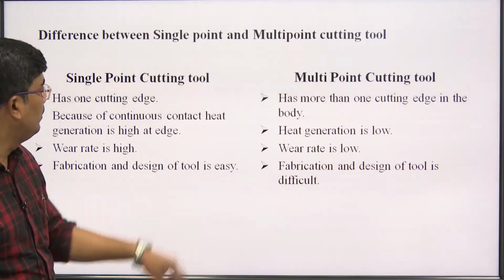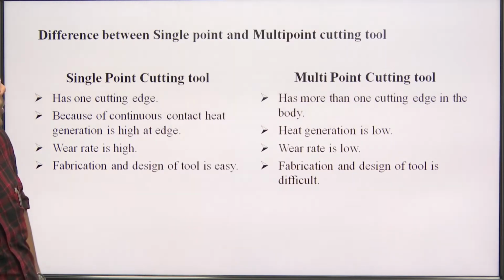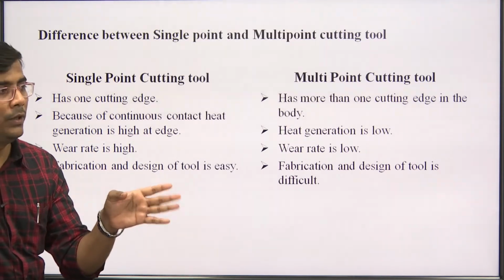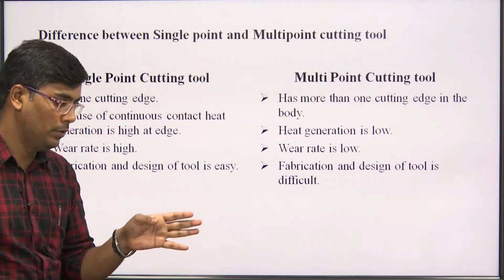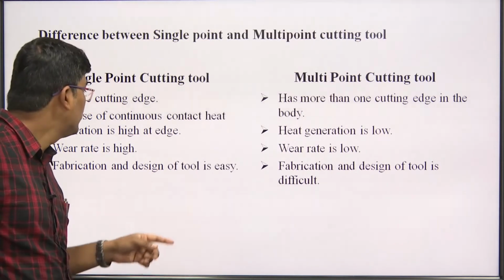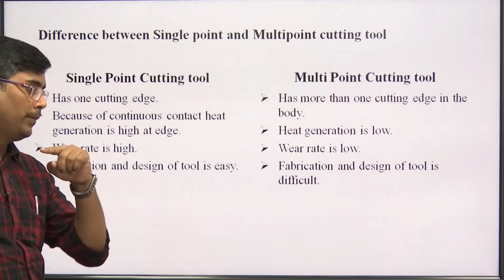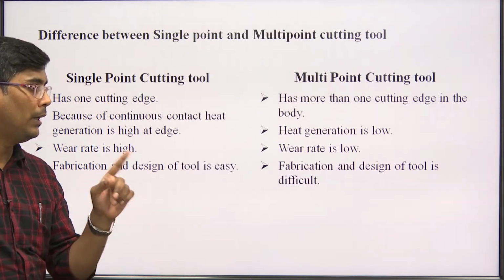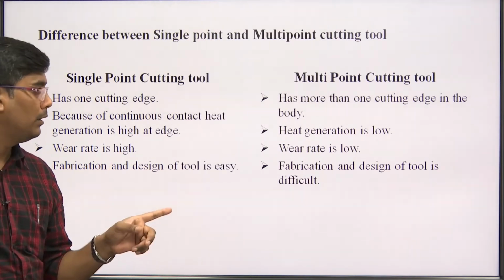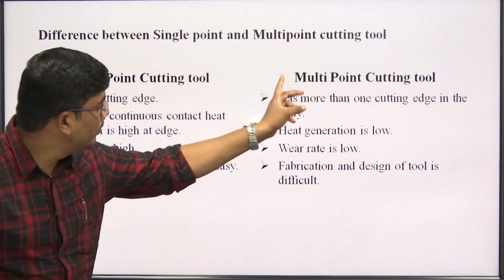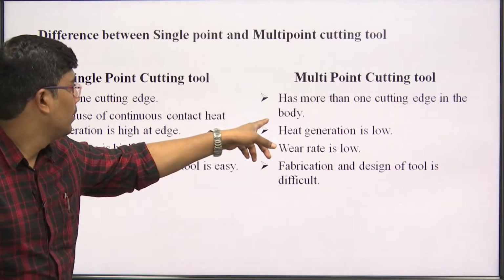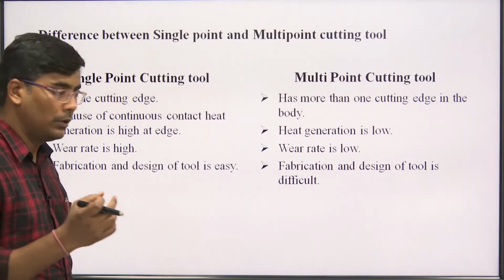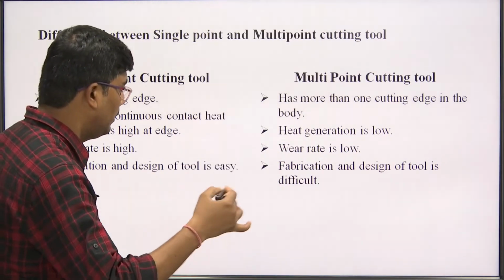There is a difference between a single point cutting tool and a multiple point cutting tool. We can observe that during single point cutting operation, one cutting edge passes over the same path multiple times, but in multiple point cutting, the cutting teeth pass one at a time.